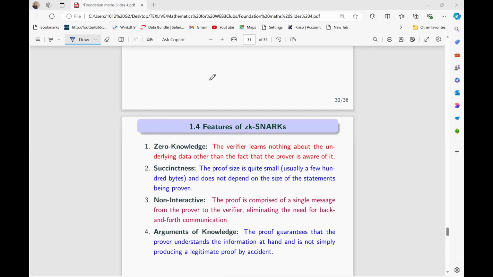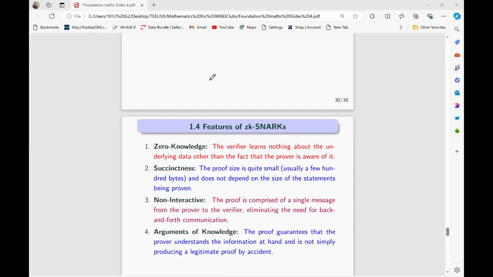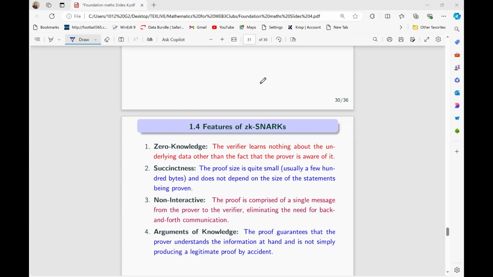Zero knowledge here means that as the prover does this transaction and so on, the verifier should learn nothing new, apart from the fact that the prover has that information.